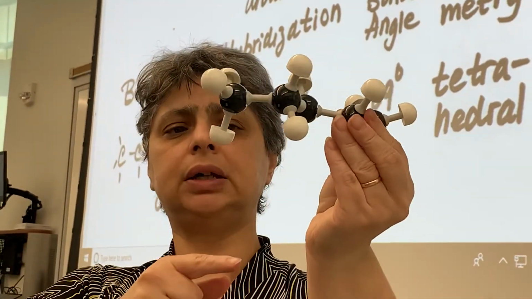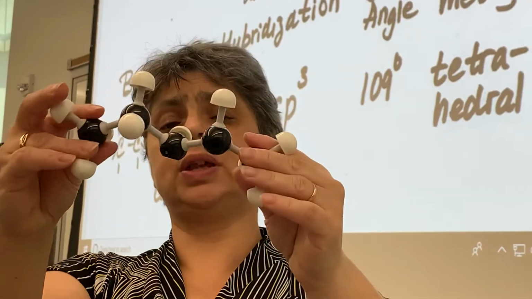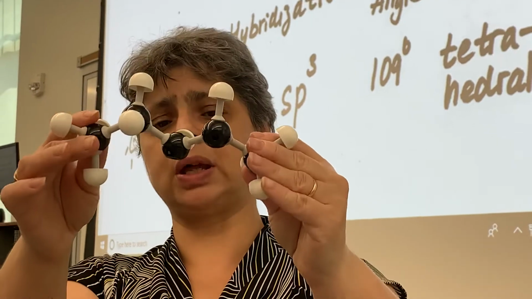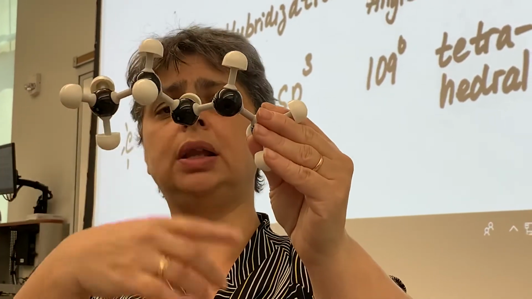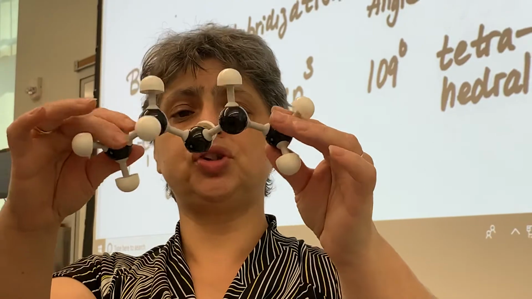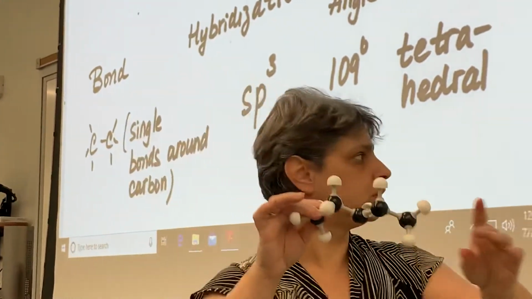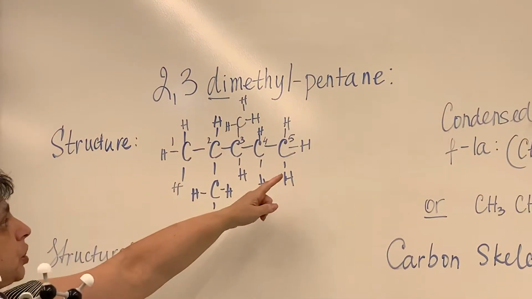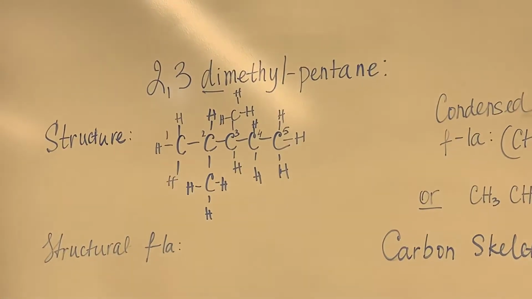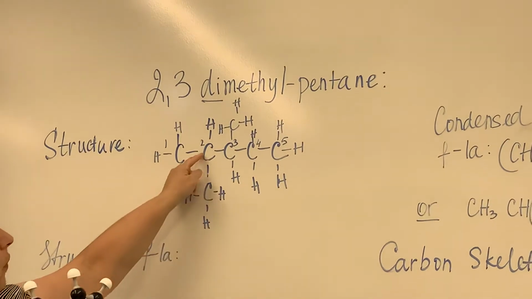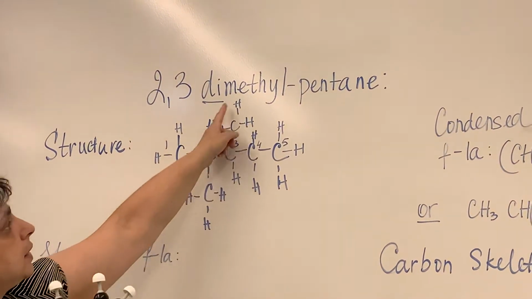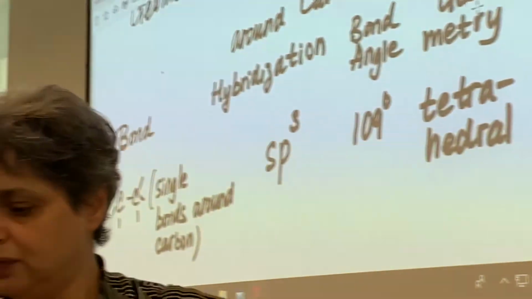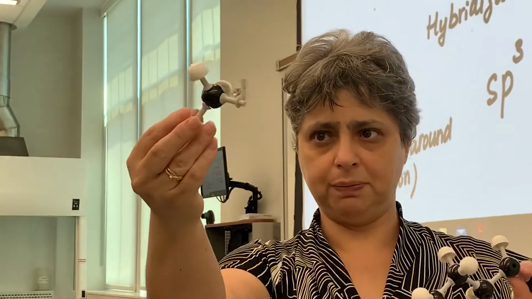Why is that? And what's wrong with this structure right now? Well, it's incomplete. That's what's wrong with it. Why is it incomplete? Well, something's missing. This is just my 5 carbons in a row with hydrogens attached. So I have 5 carbons, I have hydrogens around them, but what am I missing? I'm missing this methyl here off of the second carbon, and I'm missing this methyl here off of the third carbon. Well, guess what? Conveniently enough, I have my methyls already prepared.